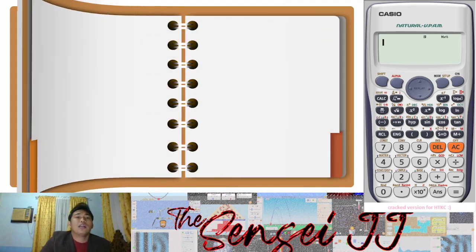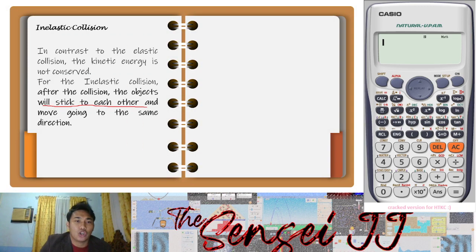But in inelastic collision, the normal example here is a little brutal, but the car collisions. Normally, when they collided, they tend to bring the other car.